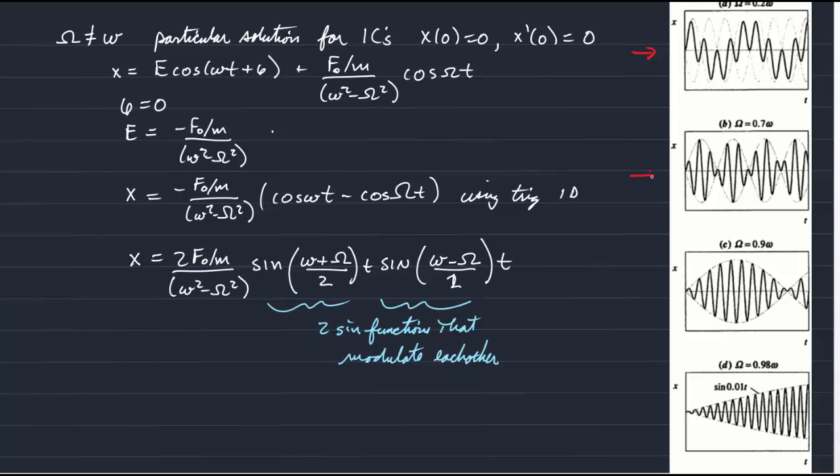But he shows that as the two frequencies become closer and closer together, you get what's often called beat behavior, in which the function behaves as a short wavelength oscillation, the natural frequency, being modulated by a longer wavelength oscillation caused by the driving force.